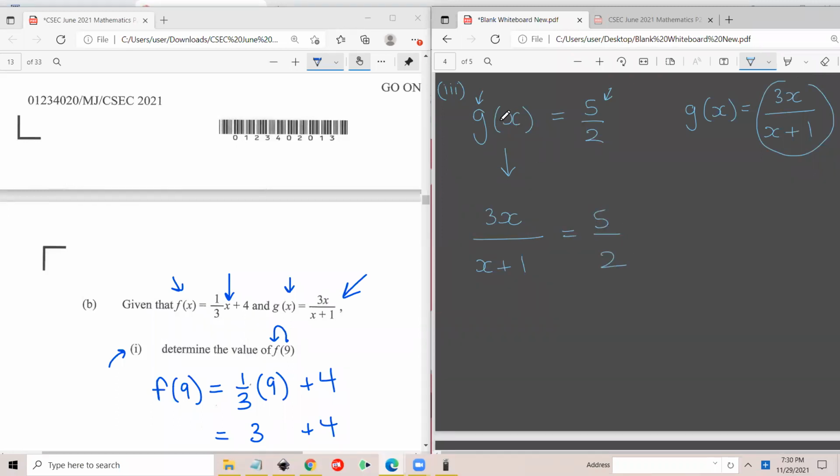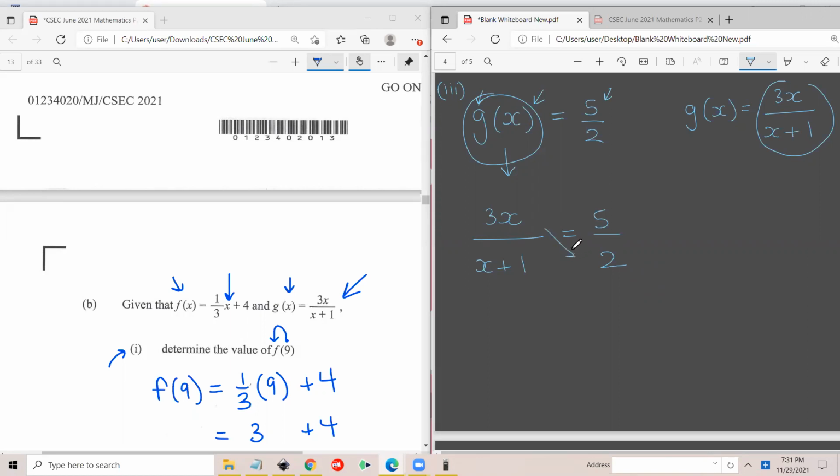You see what I did? Isn't g(x) the same thing as 3x divided by x plus 1? So I just made a substitution. I kicked it out and replaced it with the equation that it represents. And all you have to do now is solve for x.